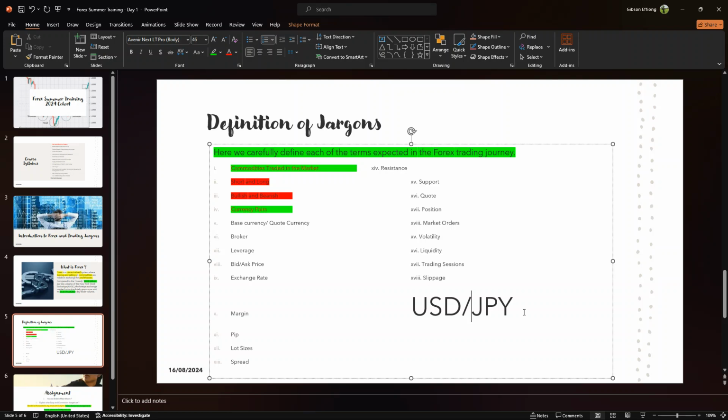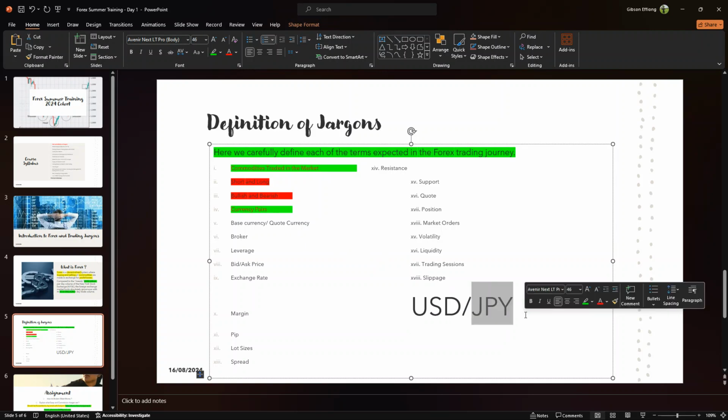I am the owner, a resident of that place. But when it comes to away, the people that are coming into my house are called quotes. So when you hear base currency, base is the very first one on the left. Quote currency is the one on the right.